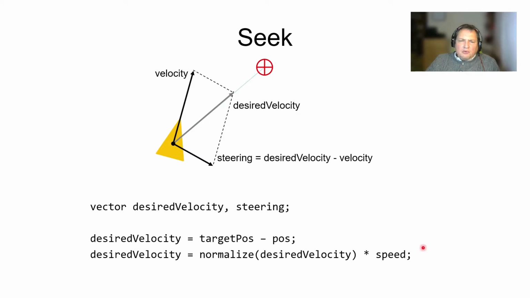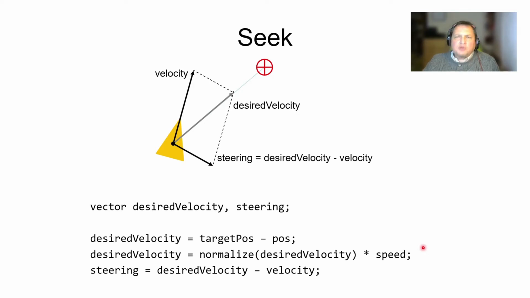And now we can calculate steering using the formula shown in the previous slide as desired velocity minus velocity. And these three lines of code are actually everything you need in order to get the Seek behavior pattern, which is very useful, for example, to model enemies in a game.